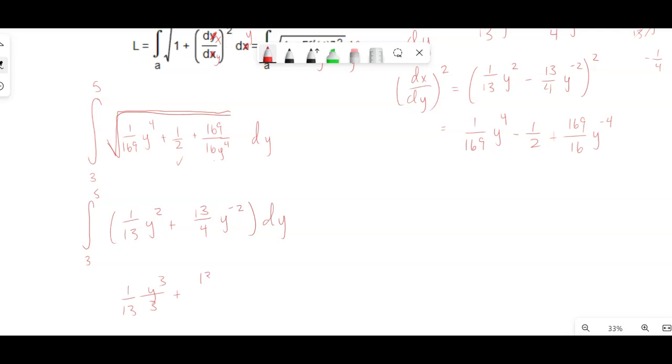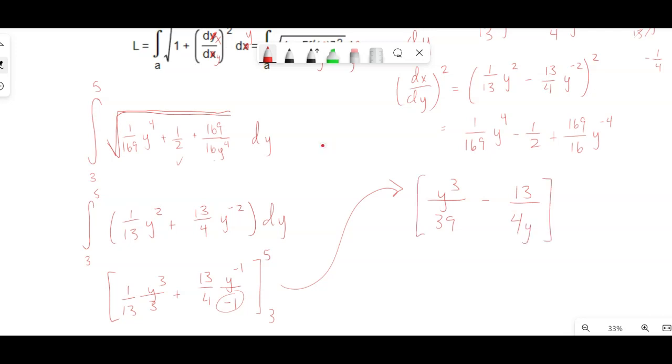And then this is 13/4 y to the, again, add 1, divide by the new power, negative 1 over 1. We're plugging in 5 and 3. So this is y cubed over 13 times 3 is 39. This is a negative right here, so minus 13 over 4, and then y to the negative 1 will go down with the 4 and just be y.